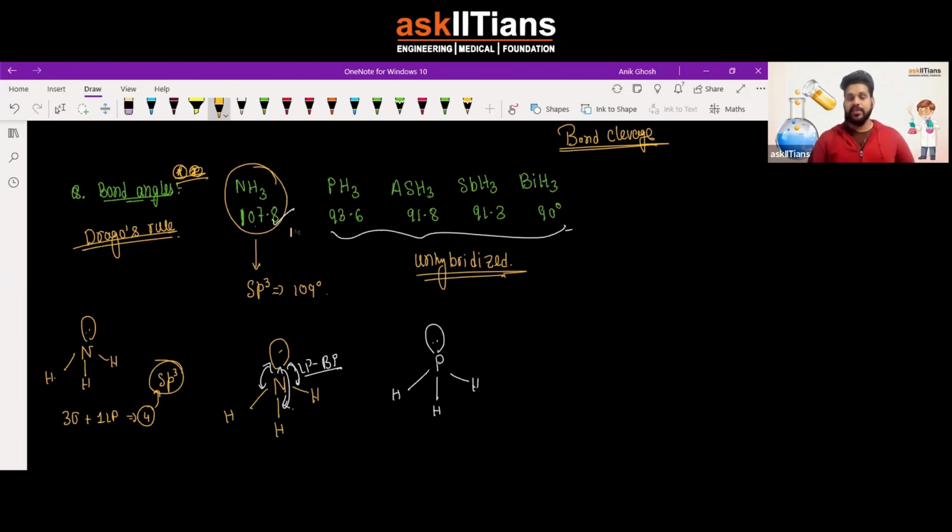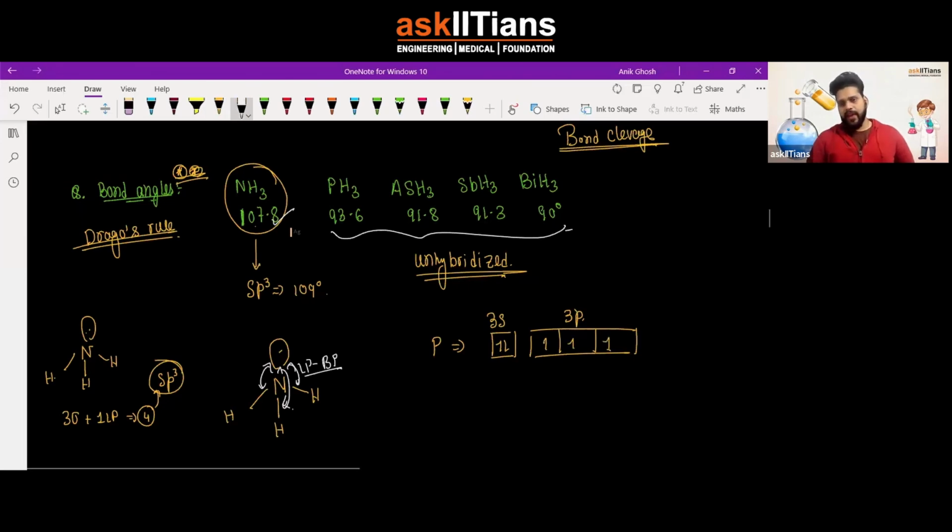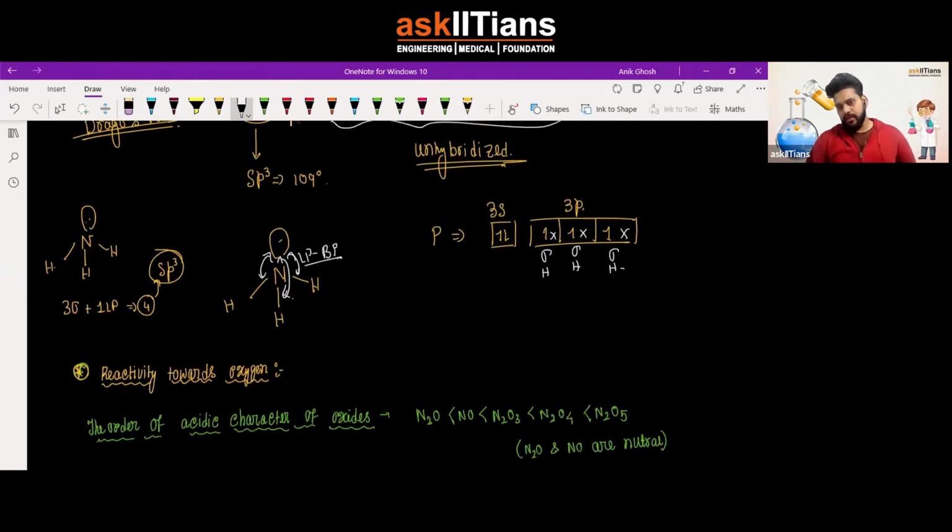Now, how does that make sense? If it is an unhybridized compound, how much sense does that make? If the hydrogens make bonding with these three pure p orbitals, let's say this is your px, this is your py, this is your pz.